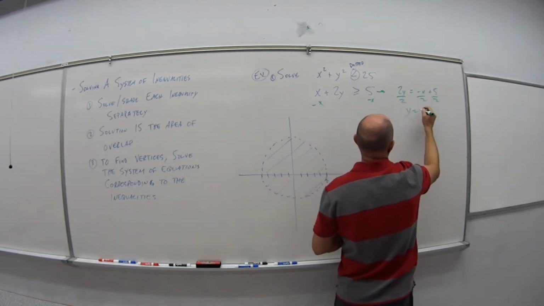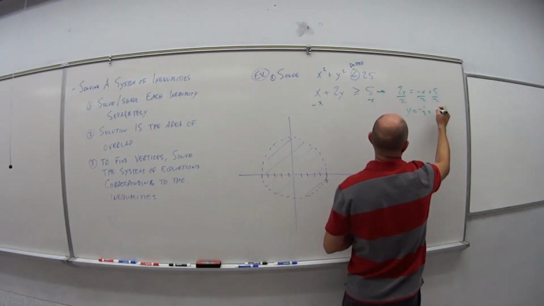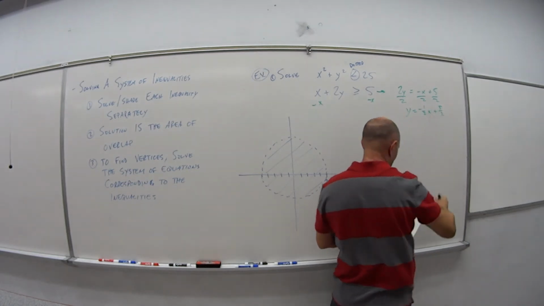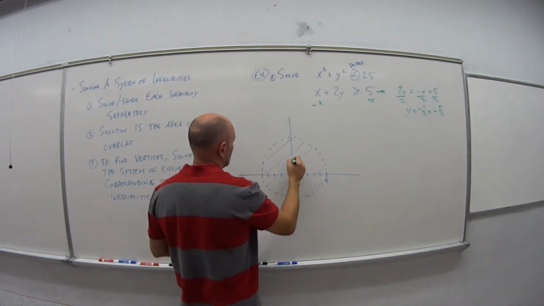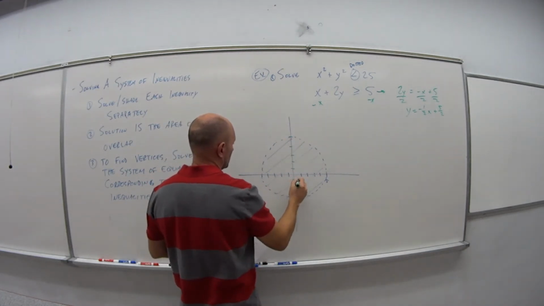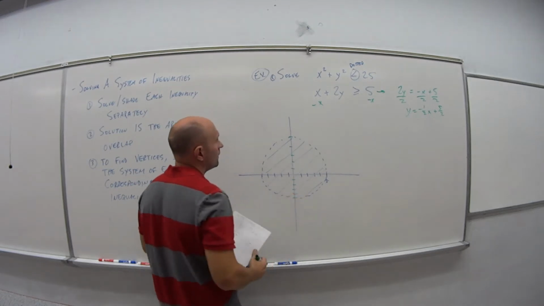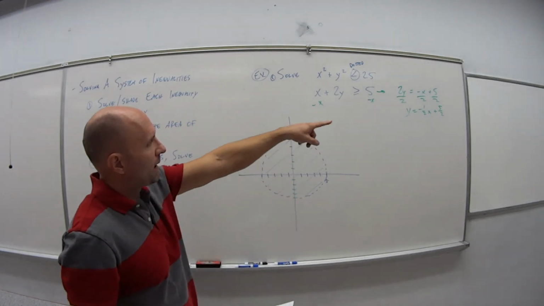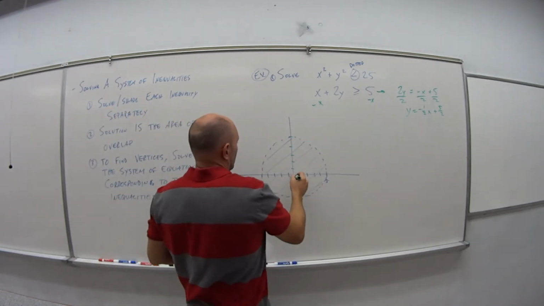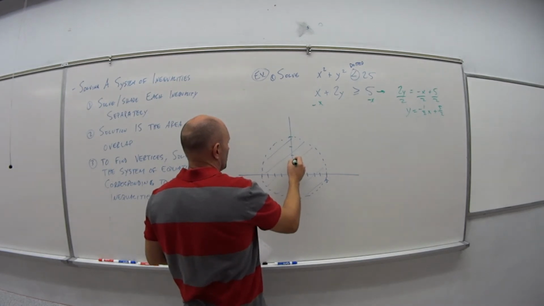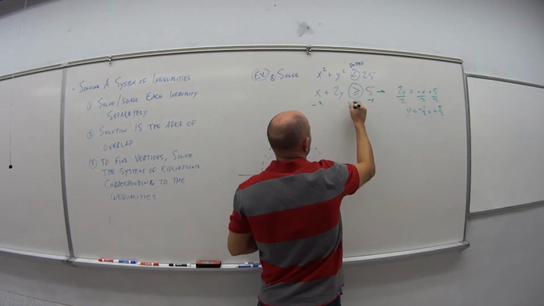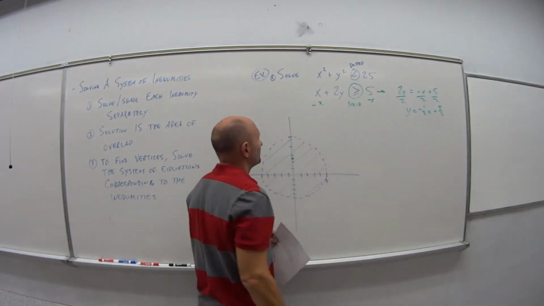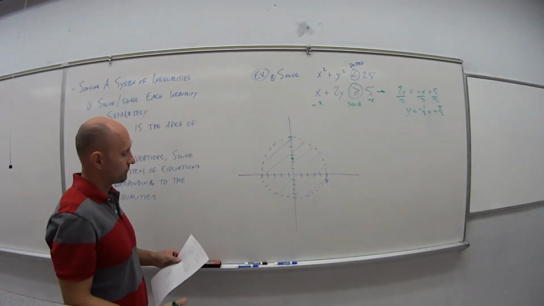I get y equals negative 1/2 x plus 5/2. So that means my y-intercept is at 5/2, which is 2.5, which is here. Because it's greater than or equal to, this means what? It means it's a solid line.